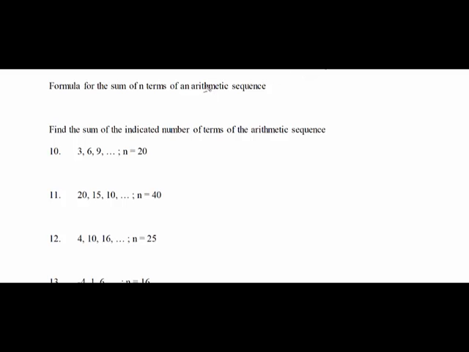What's kind of cool about this is that if you go to the book that I teach, they have a really nice proof of why this works. If I'm going to add up n terms in any arithmetic sequence, I can use this equation: take the number of terms, divide it by 2, and multiply that by the sum of the first and the last number in my arithmetic sequence.